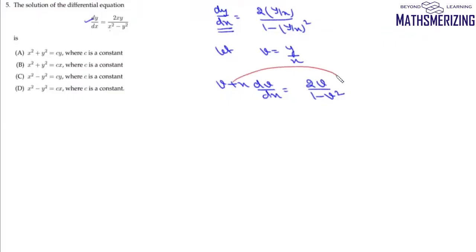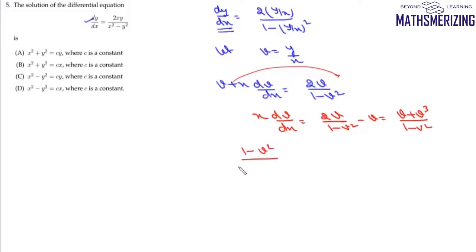Now we'll take this v on the right hand side, then we can write x dv by dx as 2v upon 1 minus v square minus v. So it'll be v plus v cube upon 1 minus v square. So we can write this as 1 minus v square upon v into 1 plus v square dv, and here it will be dx upon x.